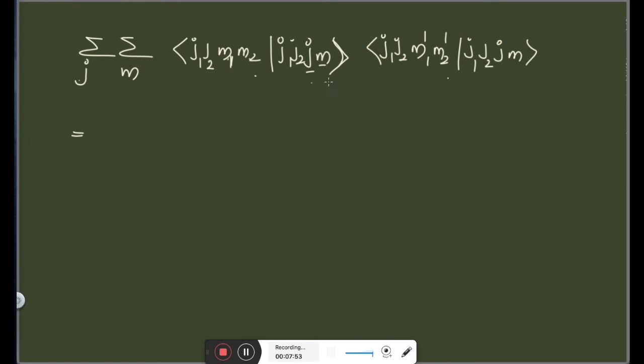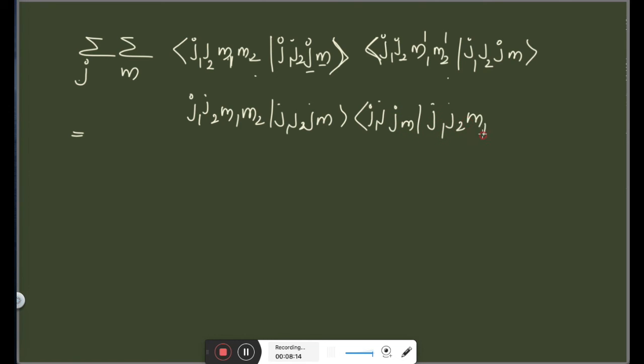Okay, but you can see that this part can be rewritten as ⟨j1, j2, m1, m2 | j1, j2, j, m⟩, and the orthogonality transpose is the same. So you have ⟨j1, j2, j, m | j1, j2, m1 dash, m2 dash⟩.